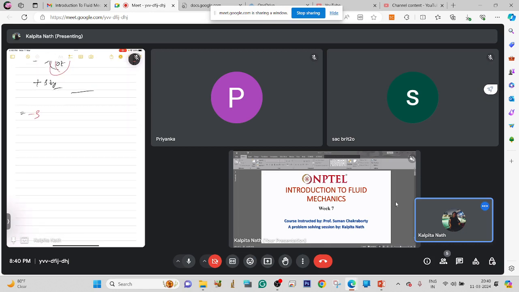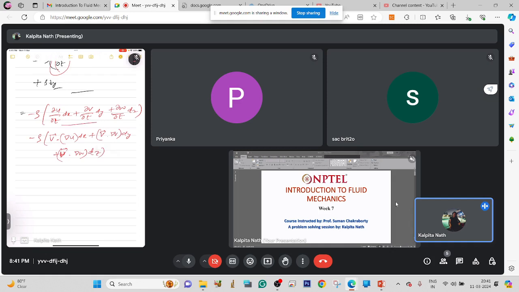This is density multiplied by del u del t dx plus del v del t dy plus del w del t dz, minus density of v vector dot del u dx plus v vector dot del v dy plus v vector dot del w dz.